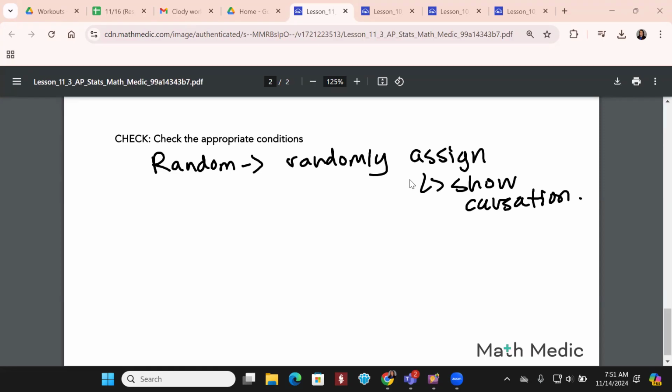There's random assignment versus random sampling, which is simple.